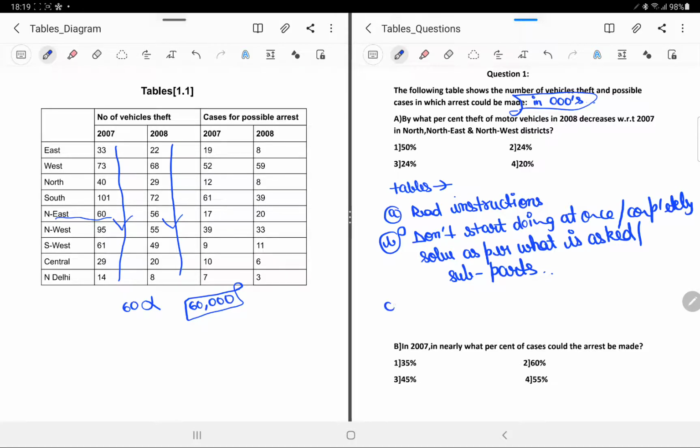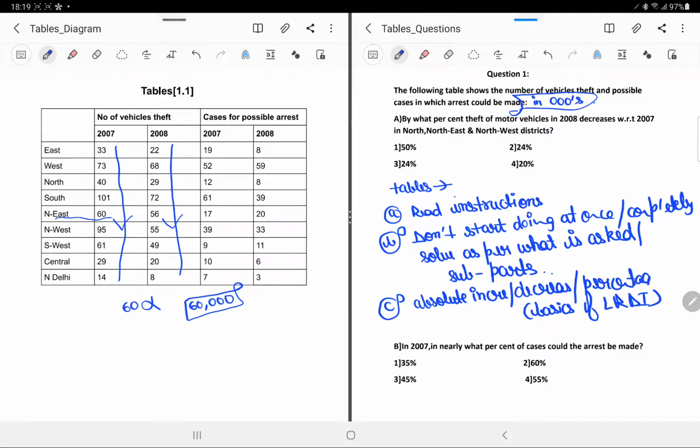Then the third thing is to always be careful about what they are asking. Whether they are asking about absolute increase or absolute decrease, be clear with these terms, or whether they are asking about the percentage change and all that stuff. For this, I have made a video called the basics of LRDI. You can refer to that video for this concept, but you should be aware of what they are actually asking you.